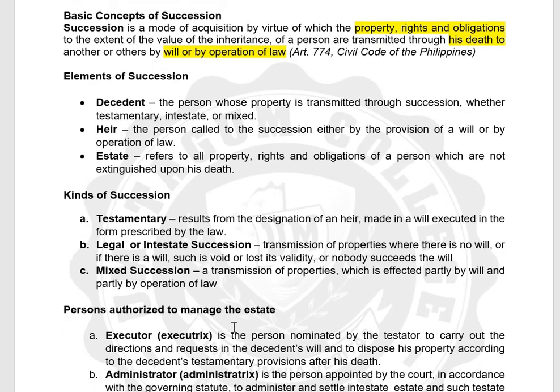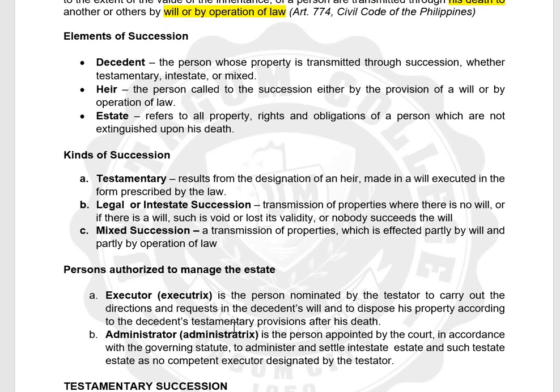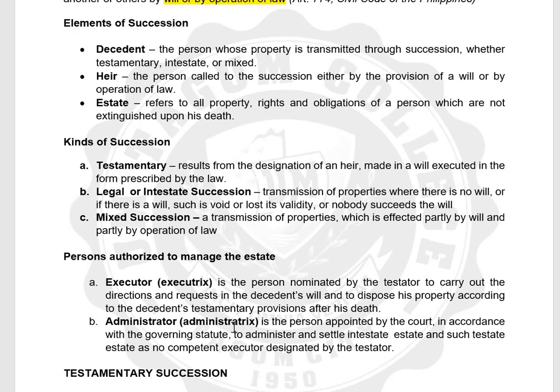Okay, so who are the persons authorized to manage the estate? Kasi there is a time lag between pag-transfer ng property, no, from the decedent to the heir. So during that time, sino yung dapat mag-manage or mag-administer ng property?